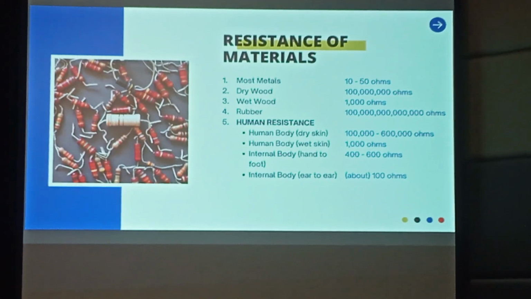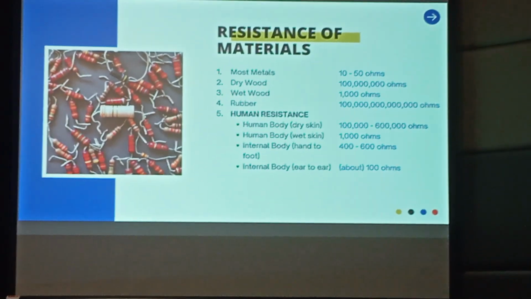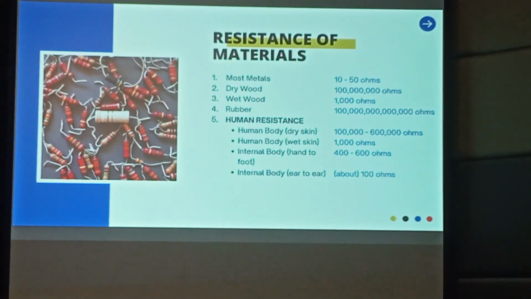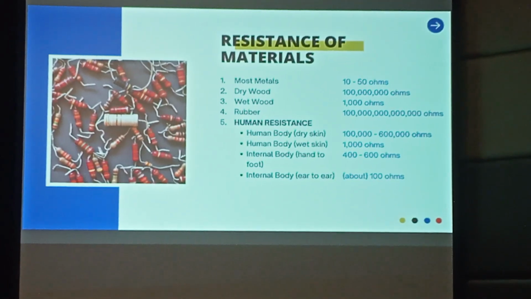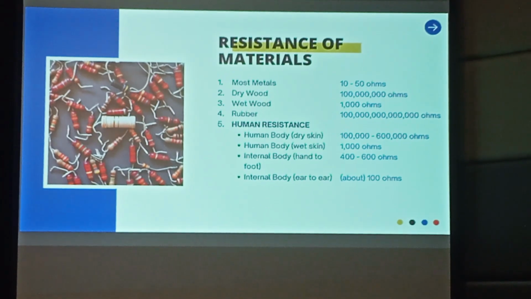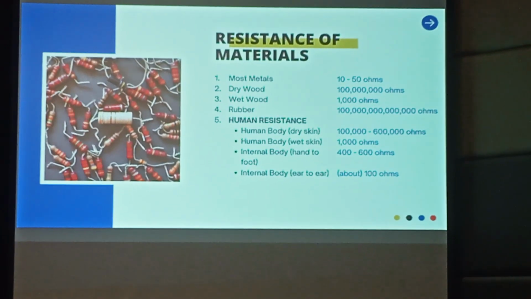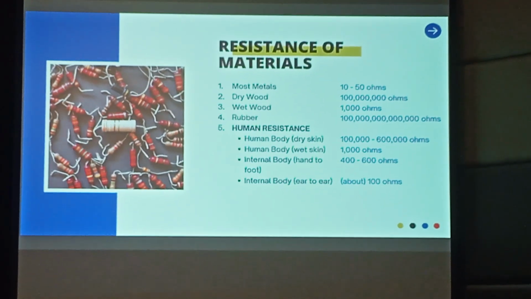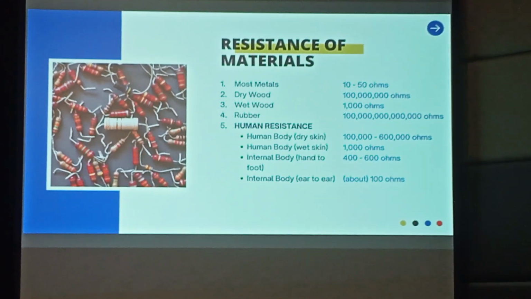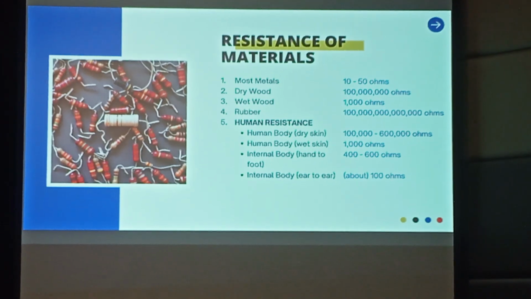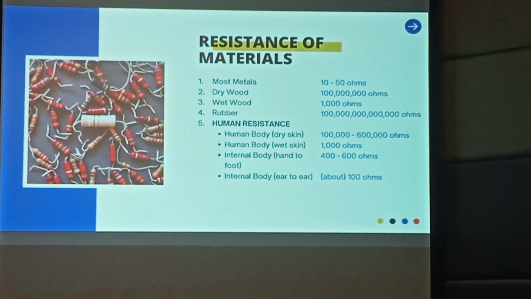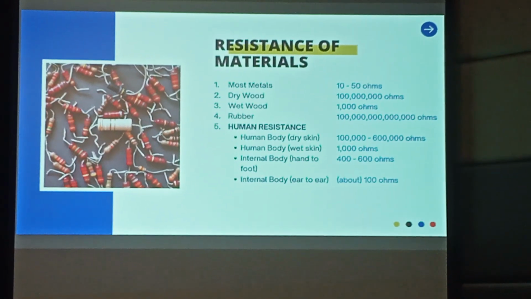We learned earlier that when a tree taps into the wires, it can still be fatal. It still has conductivity, but its resistance is high, about 100 million ohms for dry wood. But if it's rainy, it can go as low as 1,000 ohms.